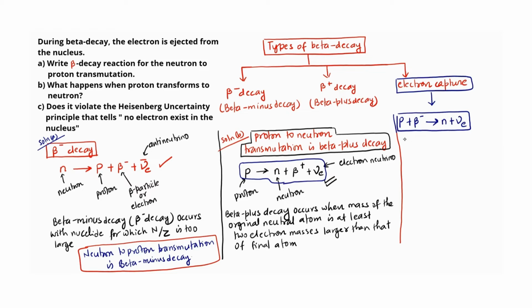And I'm writing over here, electron capture occurs when the mass of the original neutral atom is larger than that of the final atom. So we have this.